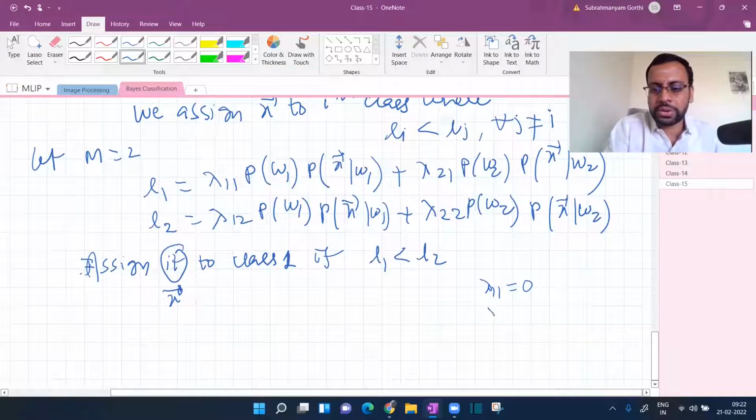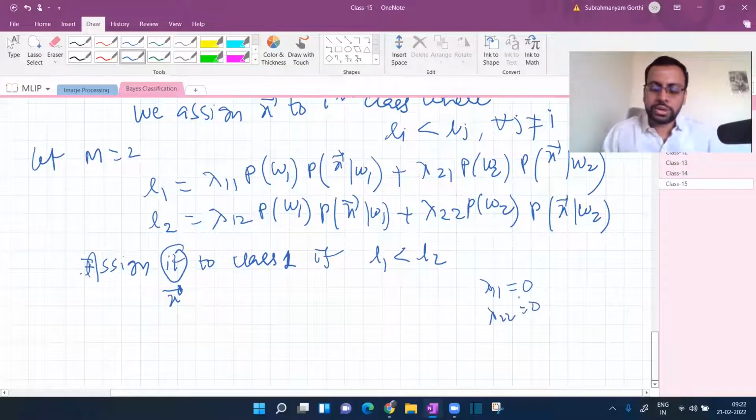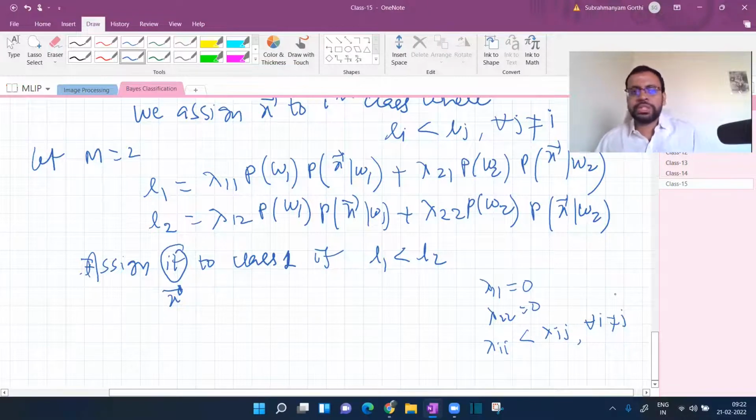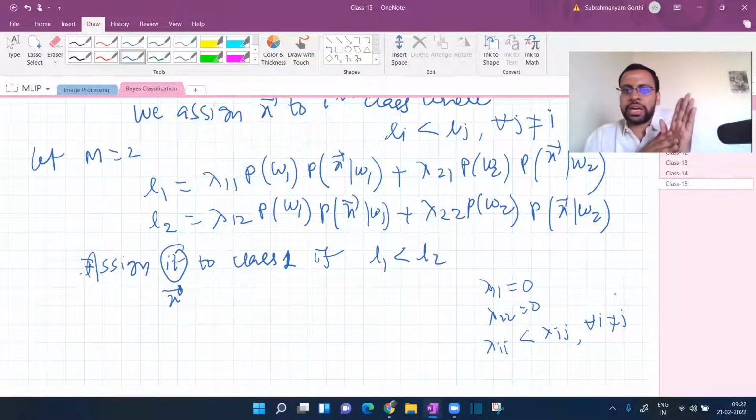Lambda 1 1 equal to 0, lambda 2 2 equal to 0. And can I say lambda ii in practice is less than lambda ij for all i that is not equal to j. Instead of putting 0, maybe for some reason, we are still keeping lambda ii there.